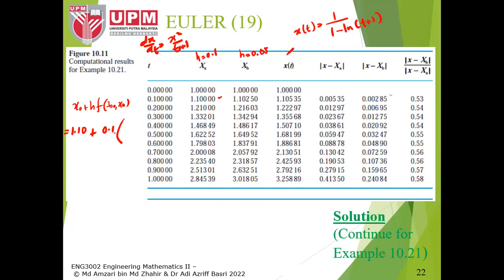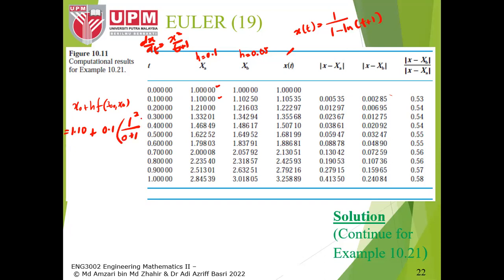So this is the function of x squared. What is your x squared here? x squared is 1, from the previous one, the initial one. 1 square divided by, what is your t? t is 0, plus 1.